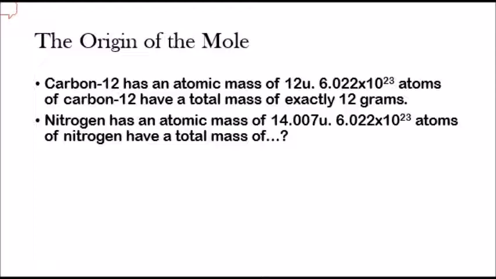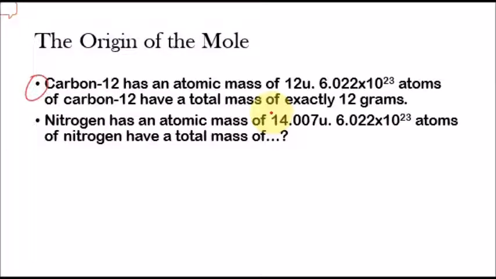Okay, so scientists discovered this data point right here: they set carbon-12, and again that's carbon which has 6 protons and 6 neutrons, to have an atomic mass of exactly 12 U. And we talked about that in the previous video.